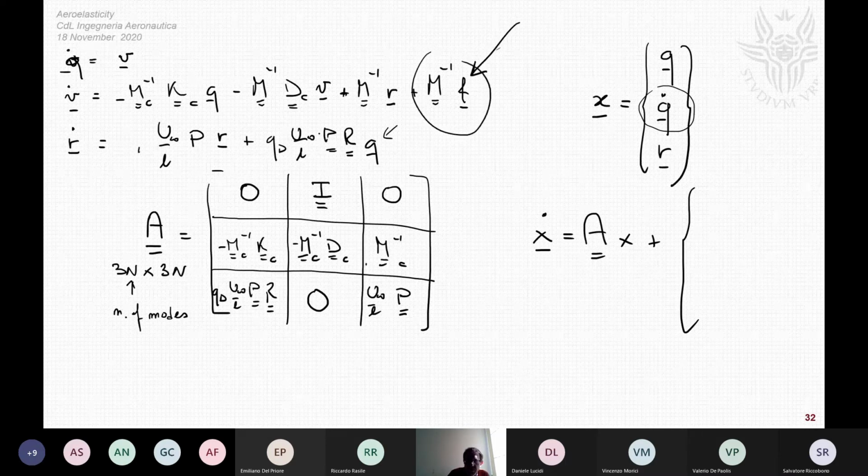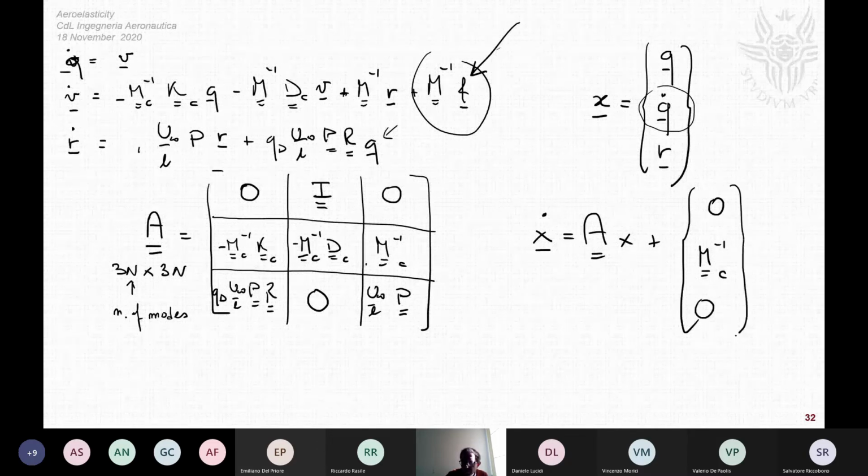The forcing term is only here, and therefore you have 0, M^-1, 0, applied to F. And so this is the B matrix.